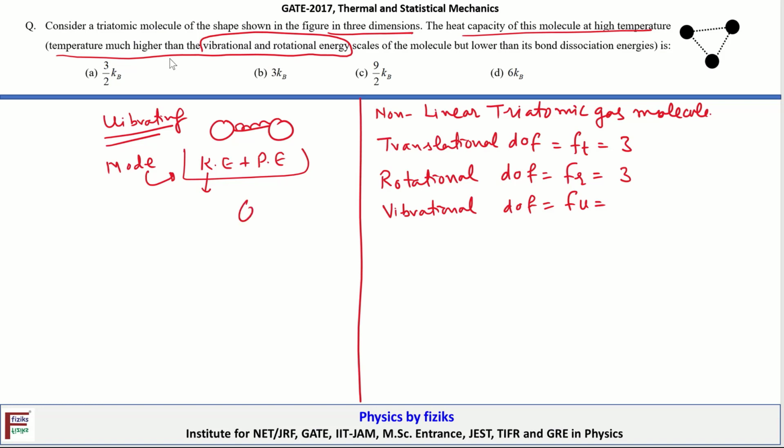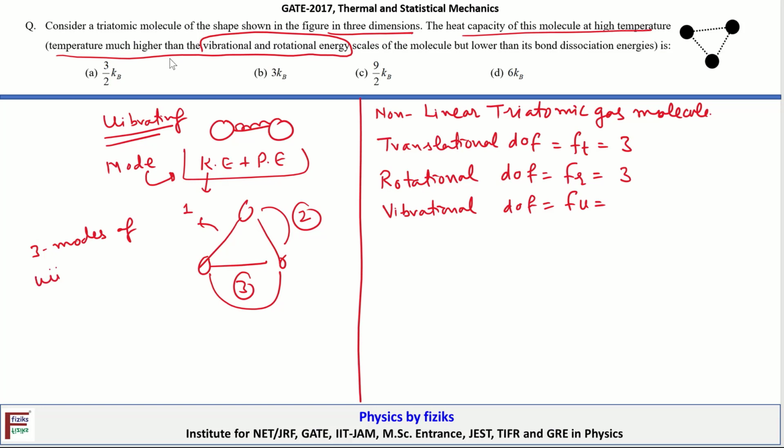So here, when we consider this triatomic nonlinear gas molecule, we are having one vibration pair, the second vibration pair, and then the third vibration pair. So in total we are having 3 vibration pairs, where each vibration pair will contribute kinetic energy and potential energy. So in total there will be 3 modes of vibration, with each mode of vibration having 2 energy terms.